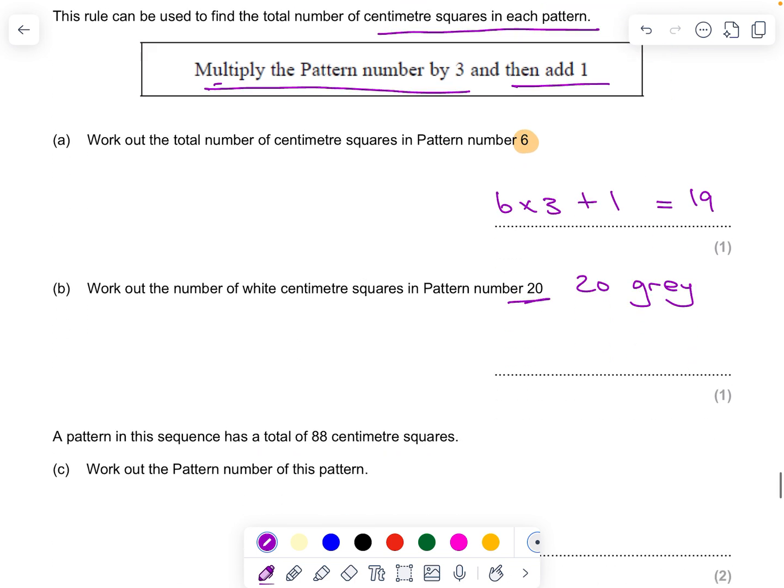So first of all, I've got to find the total. So I'm going to times it by 3, do 20 times 3, and then add 1. So that gives me 20 times 3 is 60, add 1 is 61. But I know that I can subtract all the grey ones. So 61, take away 20, will give me 41 white ones left.